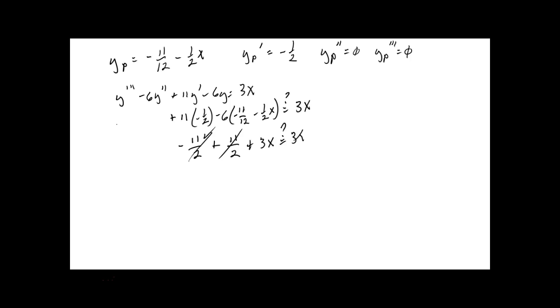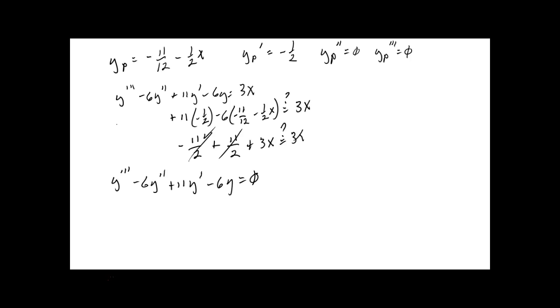It said to write the general solution for this, then we'd have to go back and figure out the solution for y triple prime minus 6y double prime plus 11y prime minus 6y equals 0. That's going to be the complementary part. That's going to be a 3-parameter system with 3 independent solutions, 3 arbitrary coefficients, and any linear combination of those.